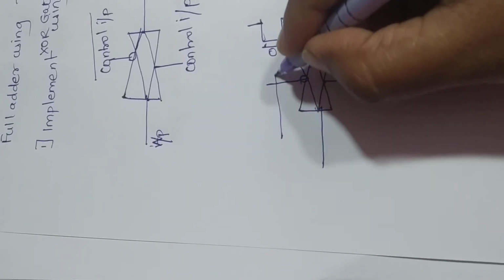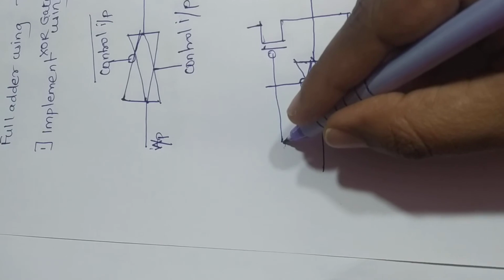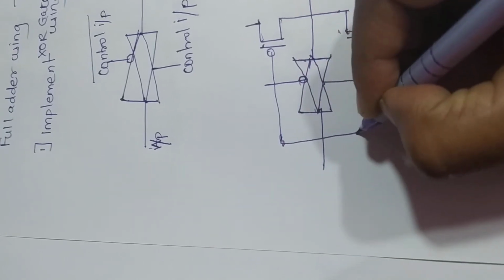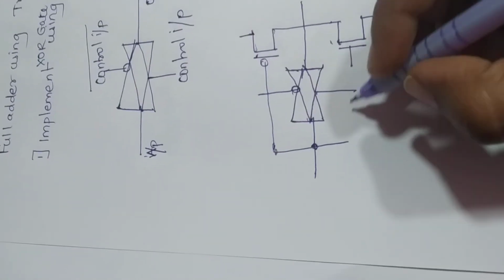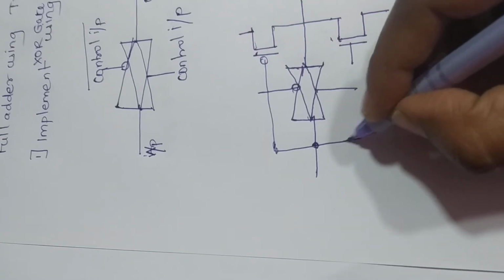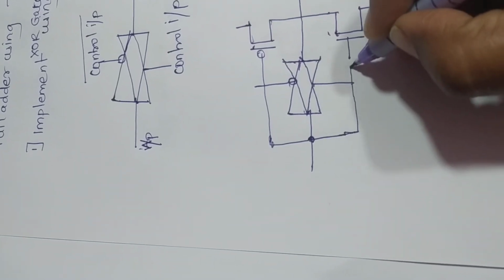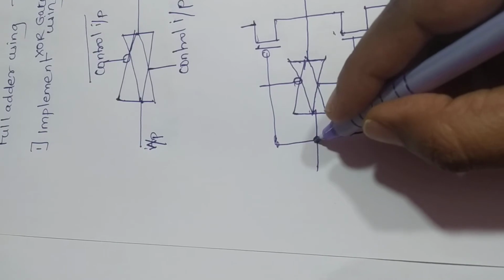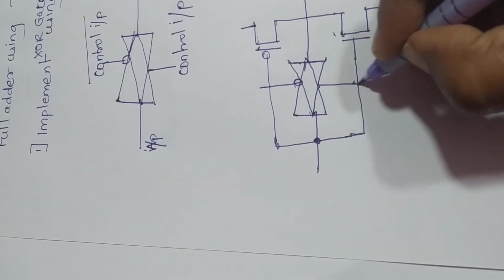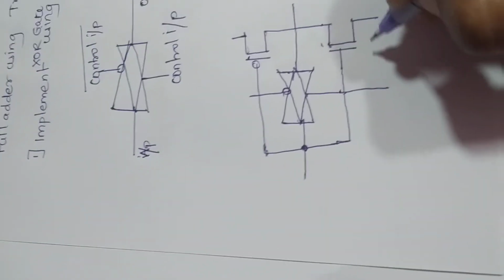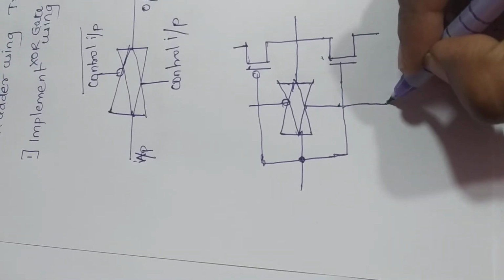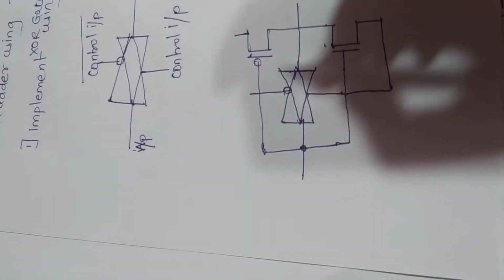What is the input for this CMOS inverter? Whichever input I am giving to the transmission gate is the input for this CMOS inverter, at the gate terminals of NMOS and PMOS connected to this point. Now what is this control input? This control input I am connecting with this point.